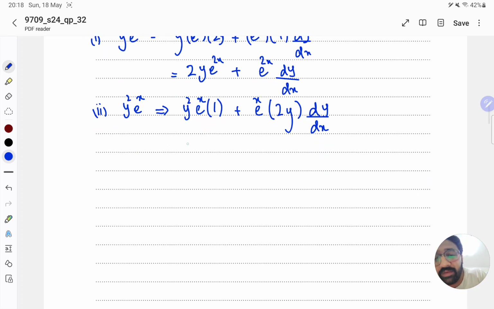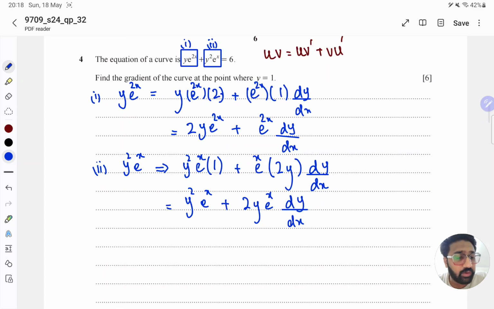Now if I simplify it further, it will be y square e raised to the power of x plus 2y e raised to the power of x dy over dx. This is the differentiation of both of them.